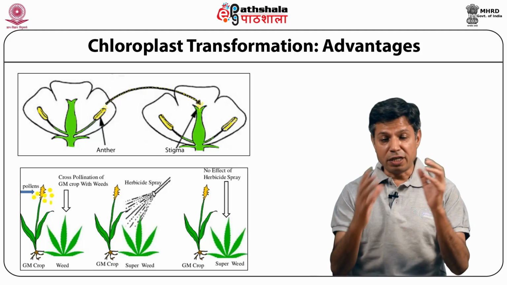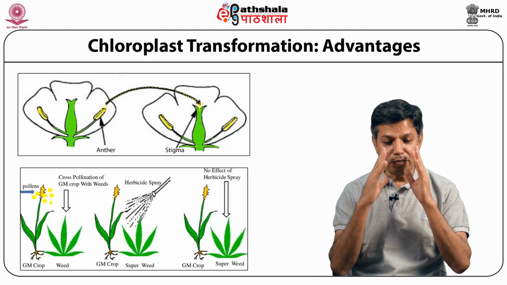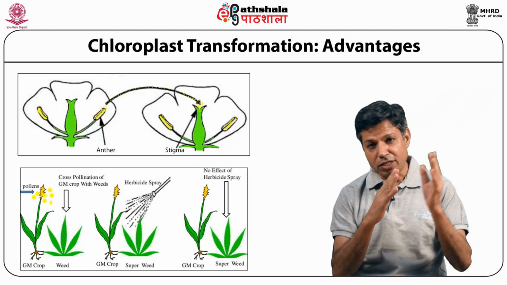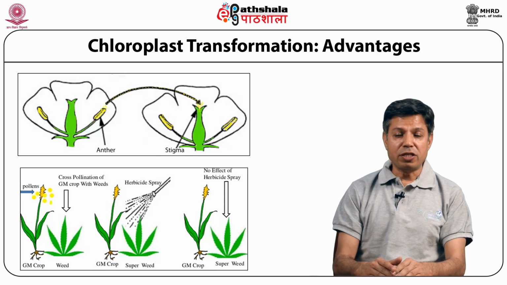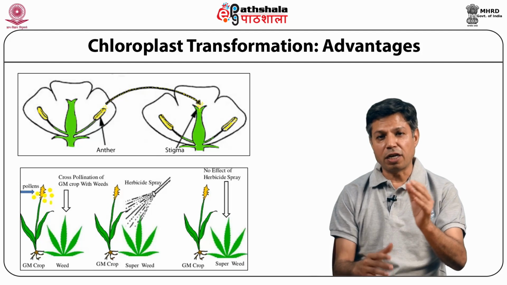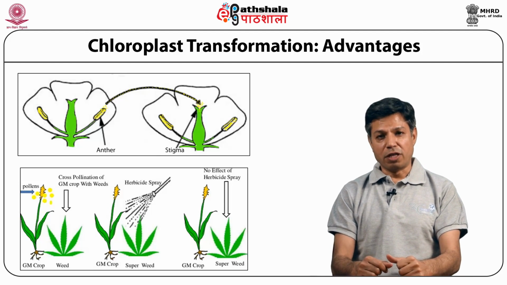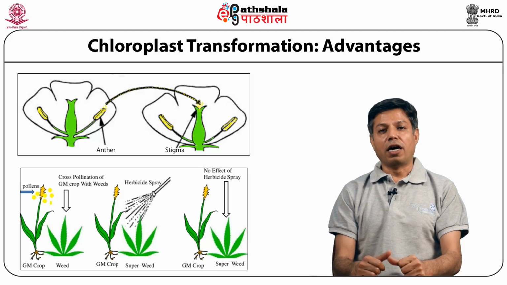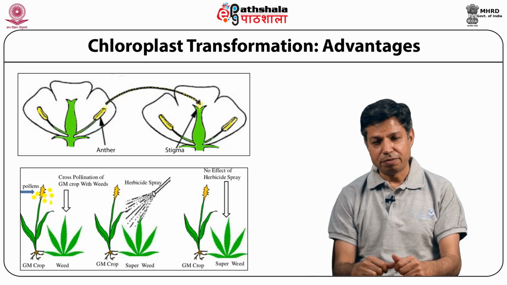So when breeding takes place between two different plants, chloroplast genes do not escape from one plant to another. All chloroplast genes pass from one generation to another through seeds only. They cannot cross-contaminate in the field. So this is the big advantage: the gene is contained. It does not help to produce a super weed, as in the case of nuclear transformation.